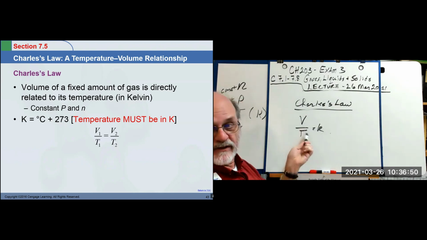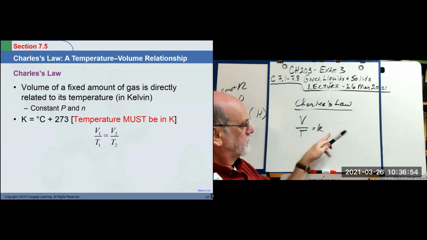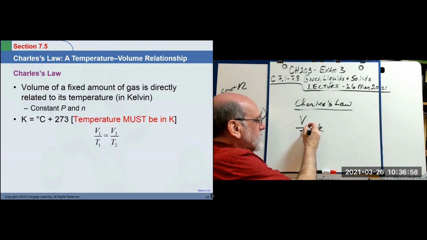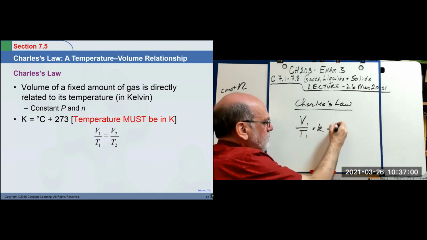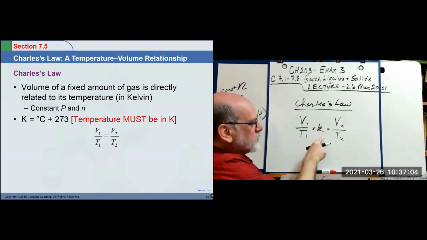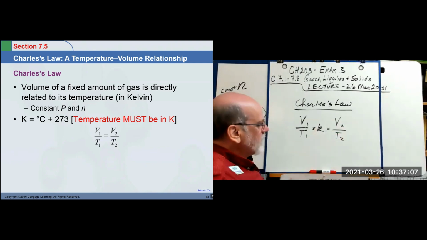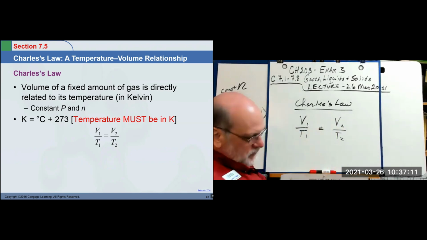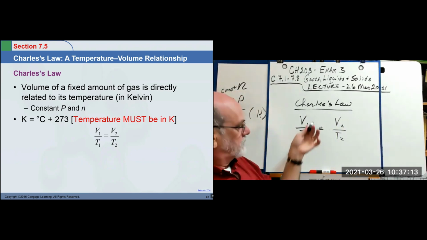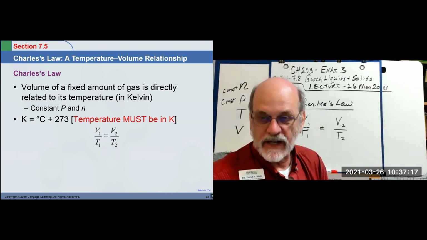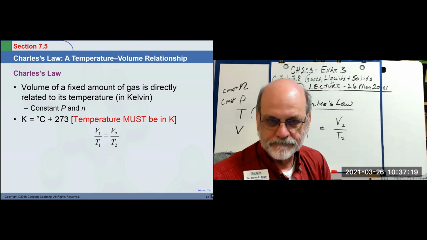If volume went up and temperature went down, it wouldn't be constant anymore. So that's a direct relationship. And for the same reason, A equals B and B equals C, so A equals C. That's our before-after scenario for relationships of volume and temperature.